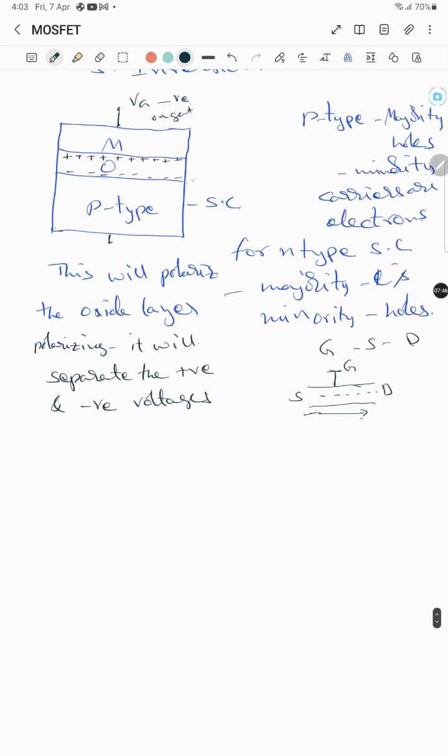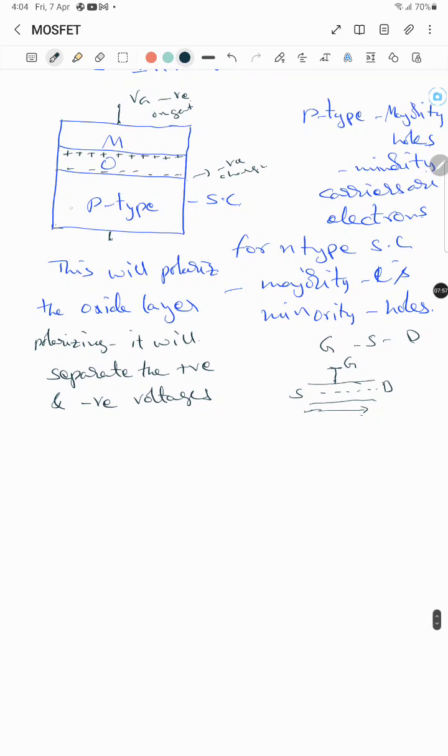Now this negative charge leads to accumulation of holes. What are the majority carriers in this P-type? Holes. These majority carriers, holes, are positive charges and will be attracted towards this interface of the oxide and the semiconductor.